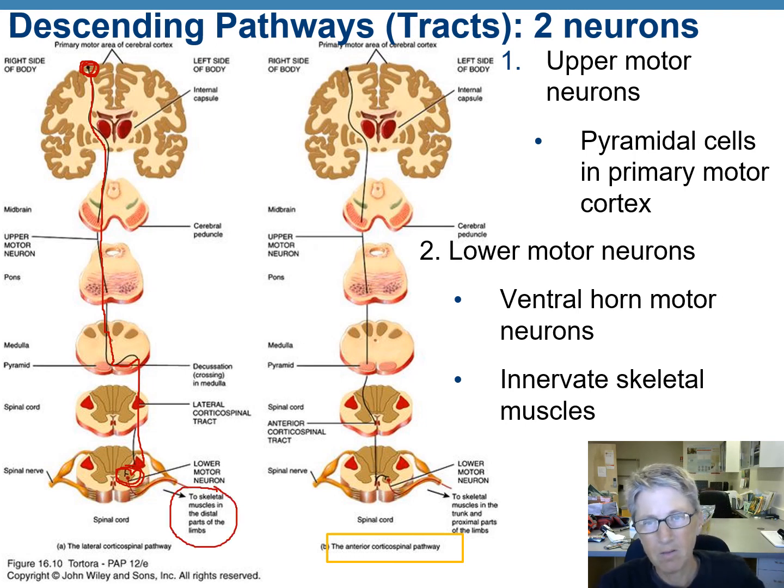So in the descending pathway, you have upper motor neurons, and specifically these upper motor neurons are pyramidal cells, and they live in the primary motor cortex.